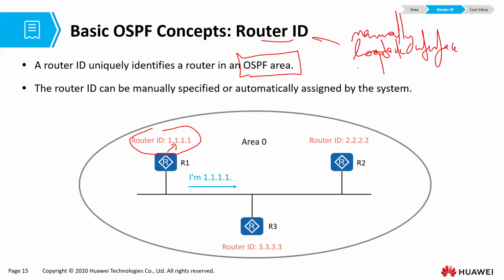Or you can use a physical interface on a router. So if you don't have a manually configured ID, then the highest configured loopback interface will automatically become the router ID. If you don't have a loopback interface configured, definitely on a router you have one of the physical interfaces configured. Then that will become the router ID.